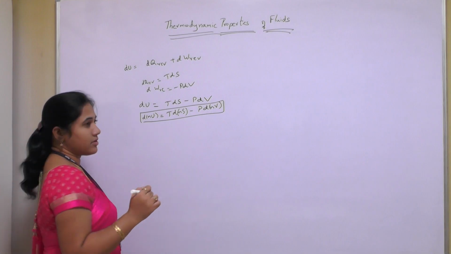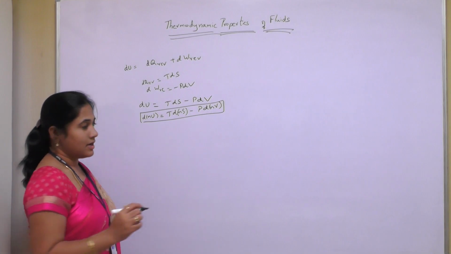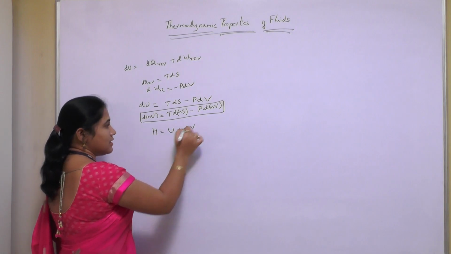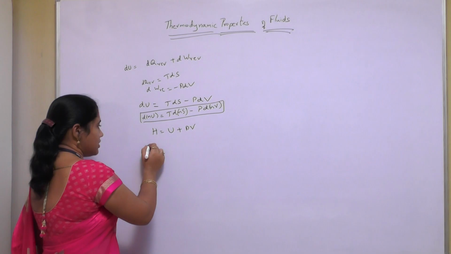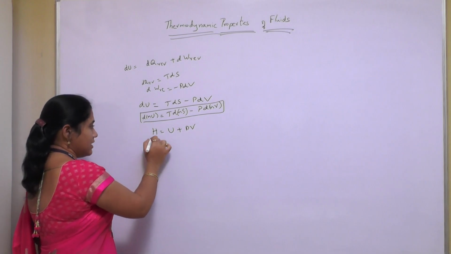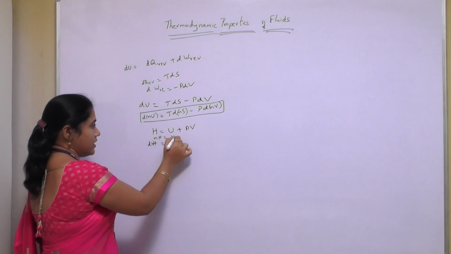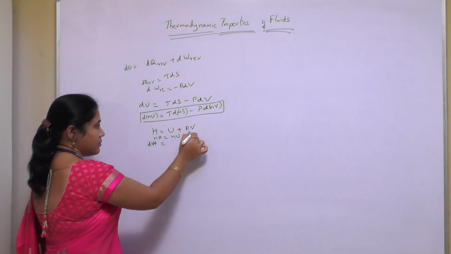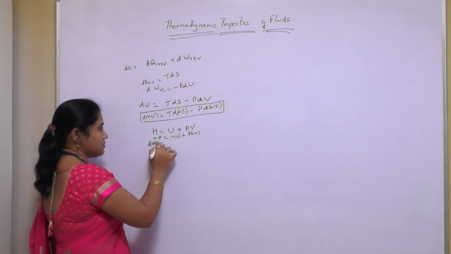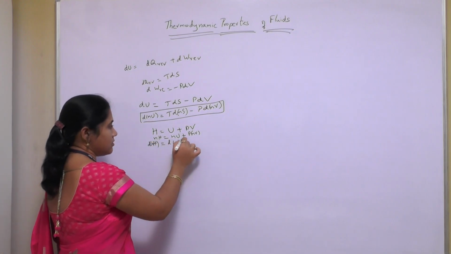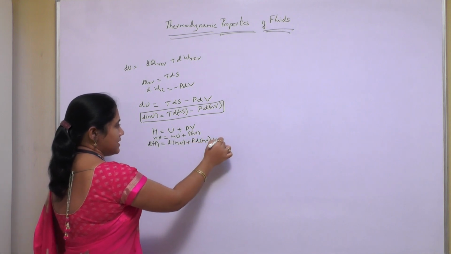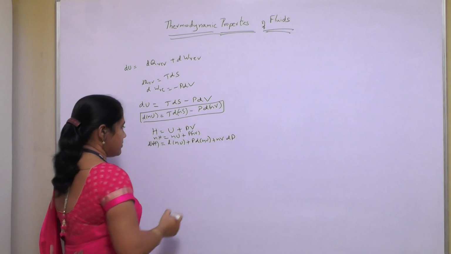And now coming to the second energy term, that is the enthalpy. We know that H equals U plus PV, or for n moles, nH equals nU plus P nV. If you differentiate this equation, d(nH) equals d(nU) plus P d(nV) plus nV dP.